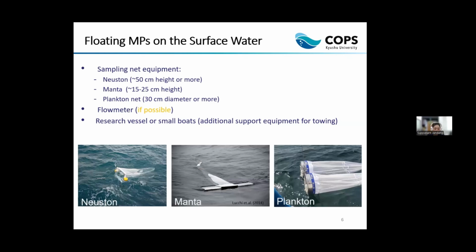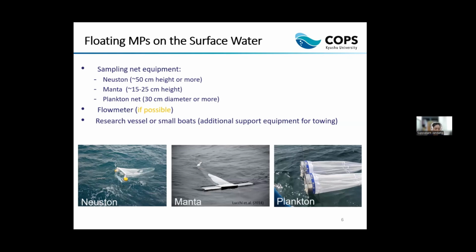For floating microplastic, all around the world, they conduct this kind of research using a net. As you can see, we have different kinds of nets: Neuston net, Manta net, even the plankton net. You can collect the sample using those nets. It depends on what is available in your lab.